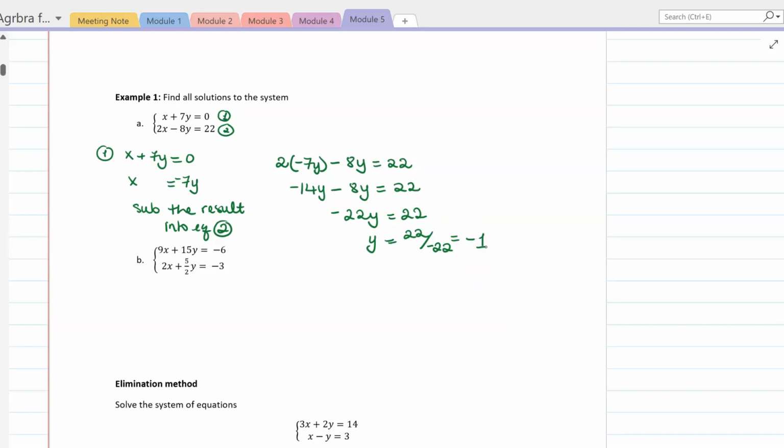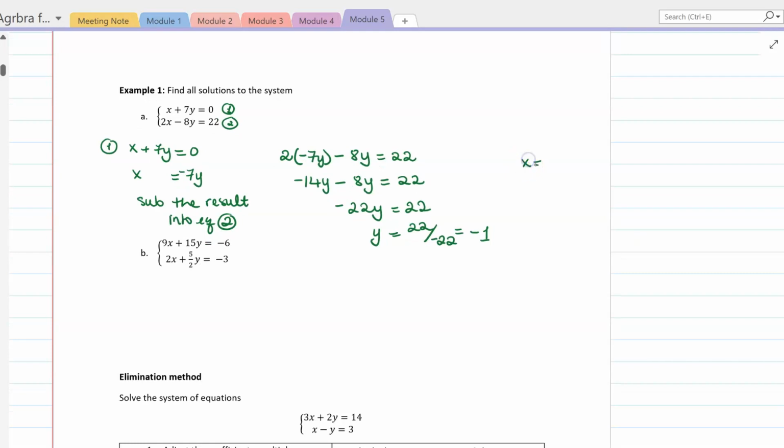We will use this result to solve for x. We know that x is equal to negative 7y, and we just solved for y. We got y equal to negative 1, which means x equals negative 7 times negative 1, which equals 7. So the solution to the system is the ordered pair (7, negative 1).